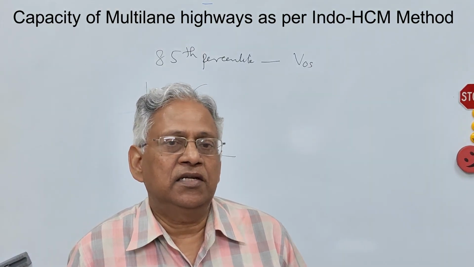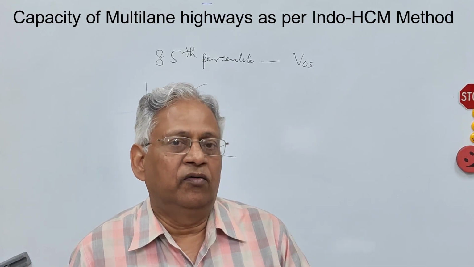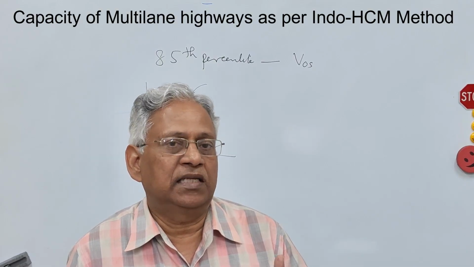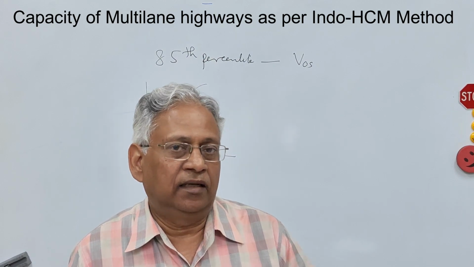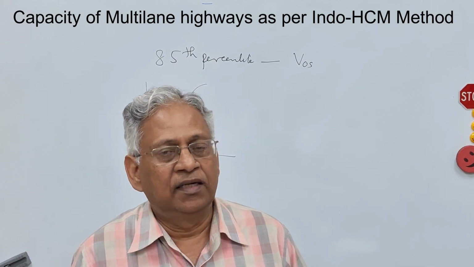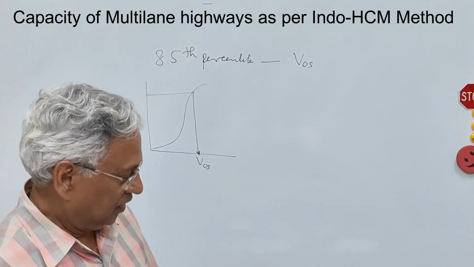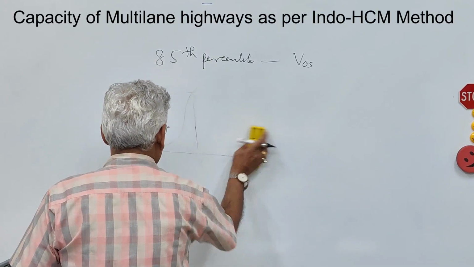IRI is the International Roughness Index, measured in meter per kilometer. For a base section, the manual says that the IRI should be less than 2.7 meter per kilometer. Therefore, if the actual IRI at the site is more than 2.7, then you should apply a correction to this operating speed. So you find out the adjusted free flow speed.